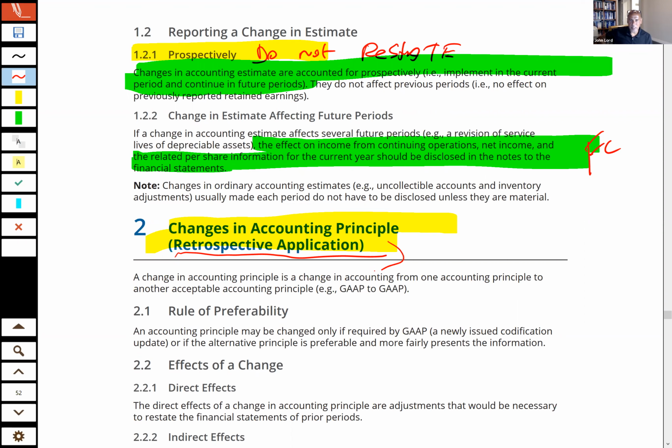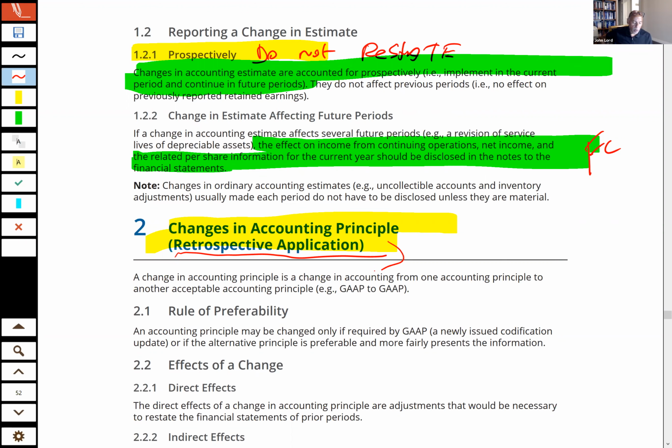That's what retrospective application means, period. There's no other thing that it means. It is the phrase that FASB came up with to describe the process that I just described to you, okay?